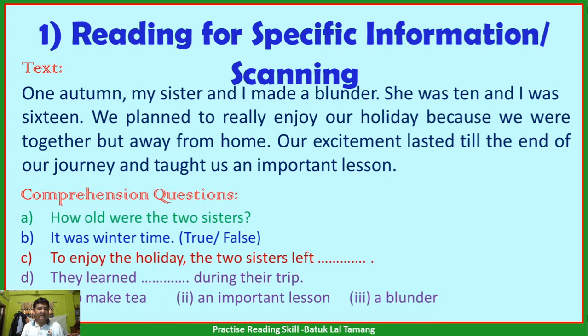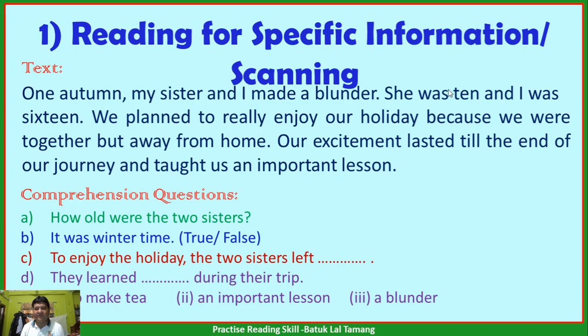For example, let us observe it. The first testing item is question answer. How old were the 2 sisters? For the answer, you can find the specific information which is clearly visible in the text, that is 10 years old and 16 years old. You can scan the words here.